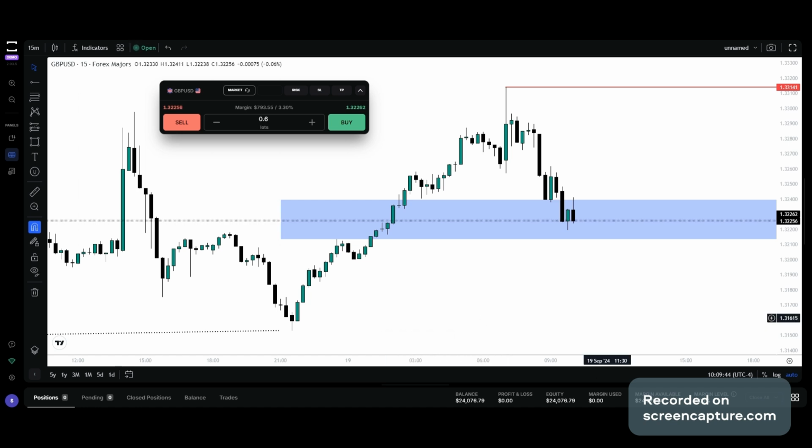What I may end up doing now that I'm at 4% drawdown, I'll probably work my way into risking a little more, but I got to get some base hit wins first. So what I mean by that is, essentially, I want to work my way up to risking about 0.5%.